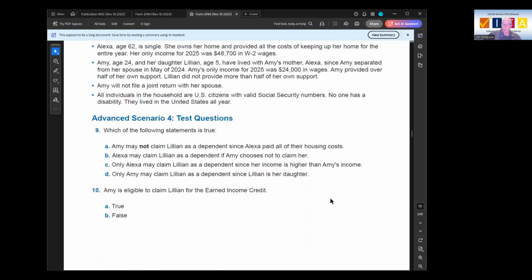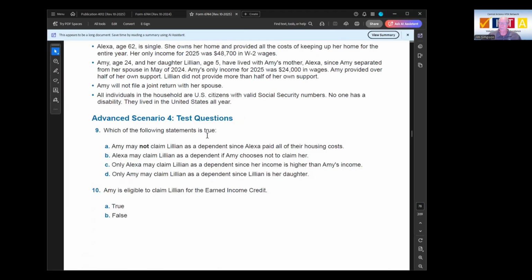You need to go look in the 4012, and look at that flow chart about who can claim whom as a dependent. Go through the tests. What we're looking at here is who can claim Lillian, and it's quite possible that both could claim Lillian.